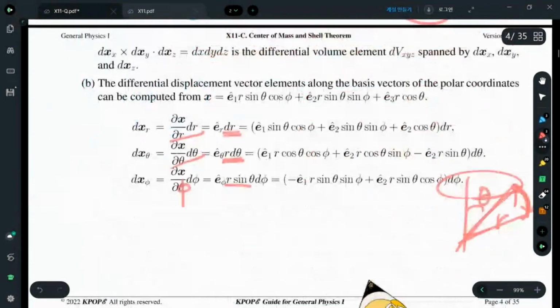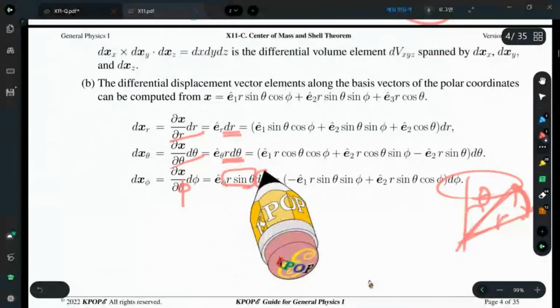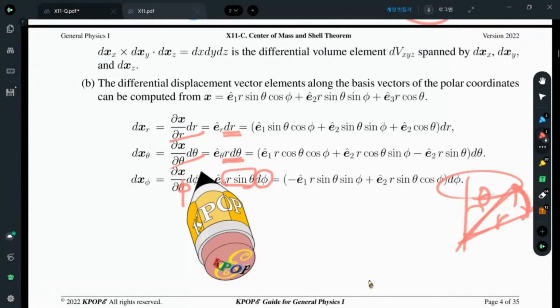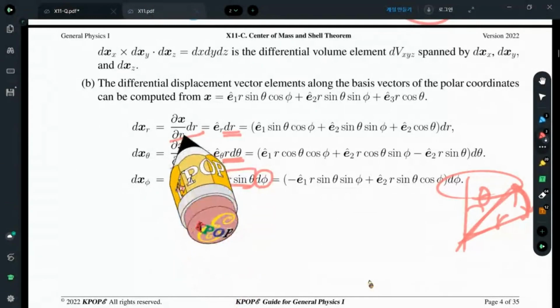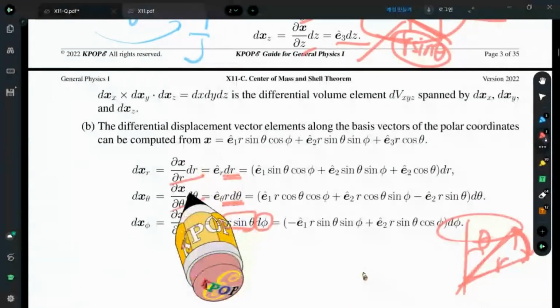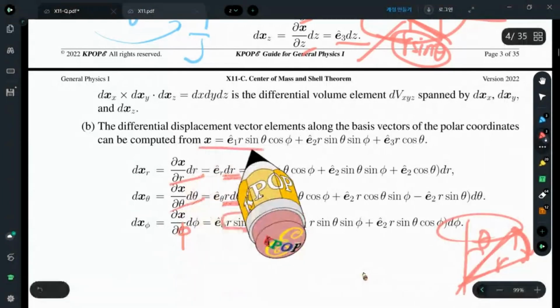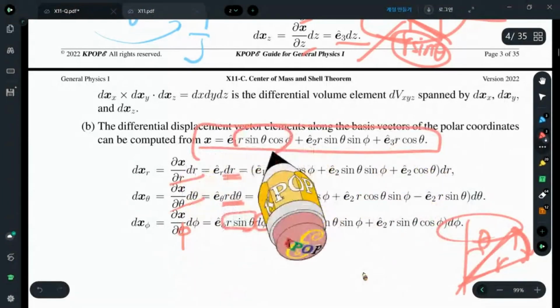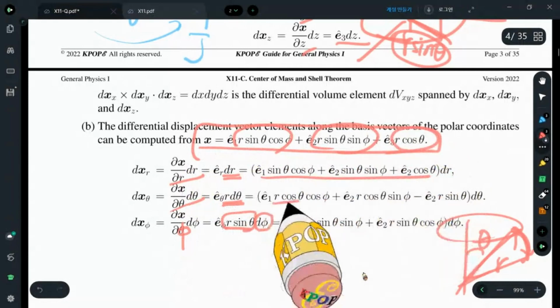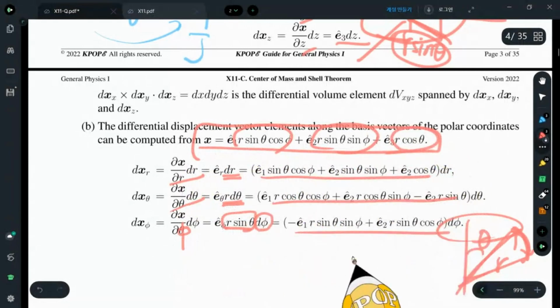So that's the reason why we have r sine theta multiplied by the differential of the azimuthal angle. And if you carry out this partial derivative with respect to r, theta, and phi for these explicit x, y, and z components, you will find these vectors.